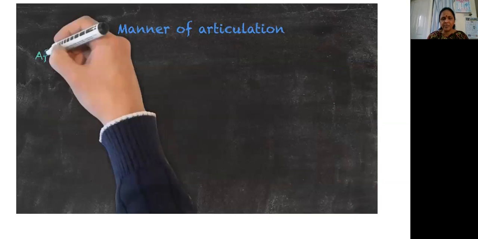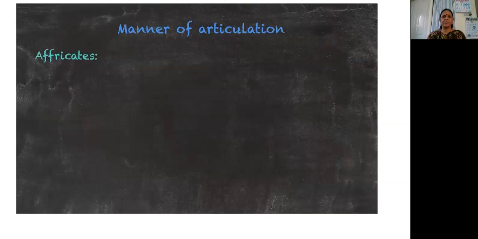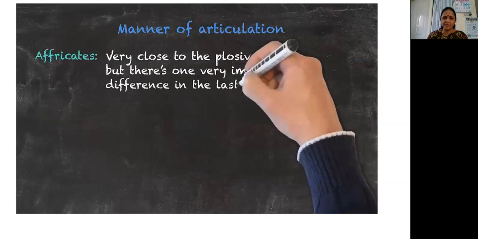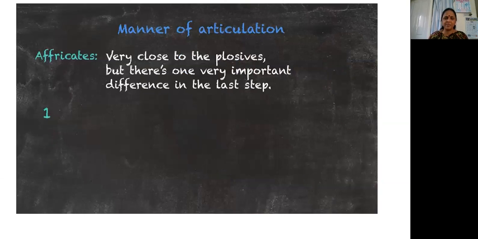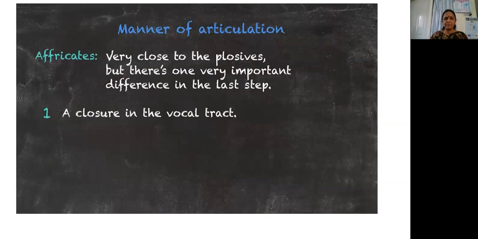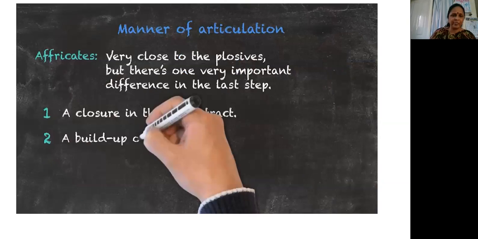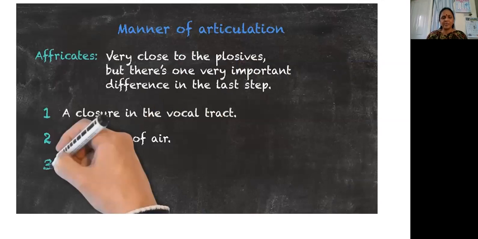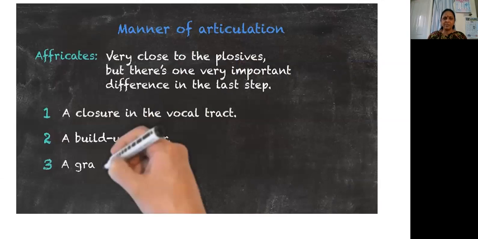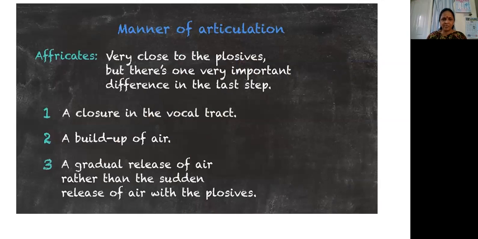Next, we have our affricates. This manner of articulation is very, very close to the plosives. However, there's one very important difference, and that's in the last step. Again, with the affricates, we have a closure somewhere in the vocal tract. We have a buildup of air. However, with this manner of articulation, we have a gradual release of air rather than the sudden release of air with the plosives.